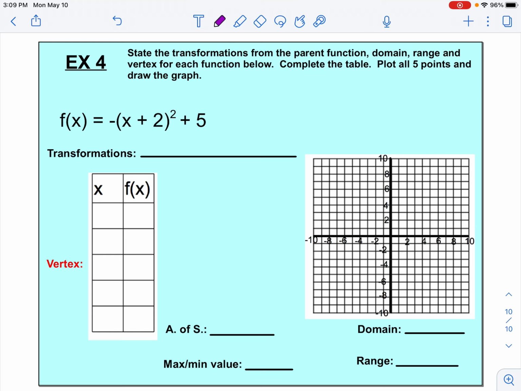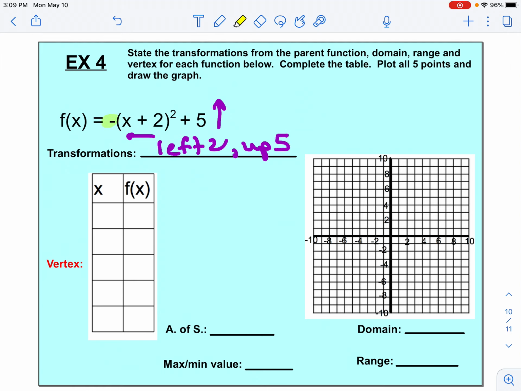Okay, the transformations for this: the number inside the parentheses shifts it left or right, the opposite of what you think. So this is making it go left 2. And the number on the outside is making it go up or down. In this case, it's going up 5.